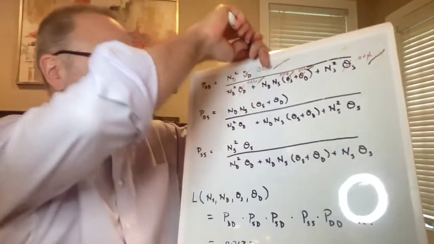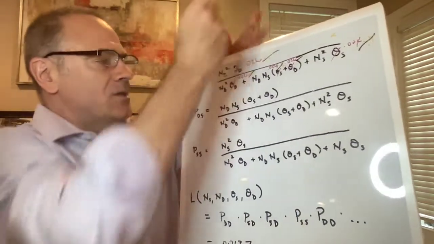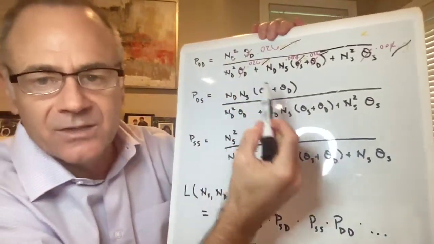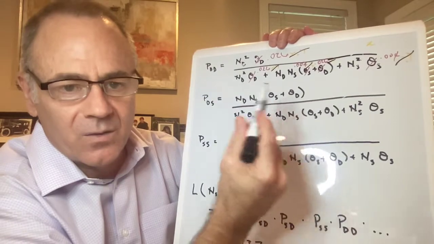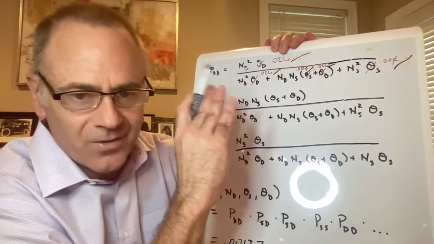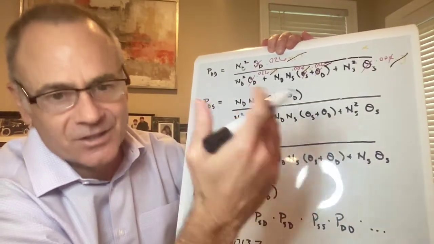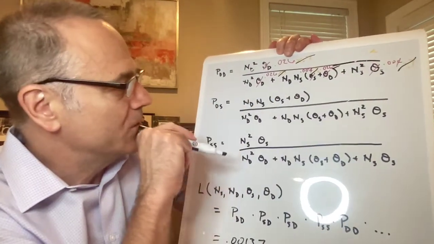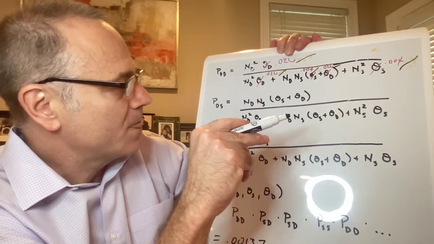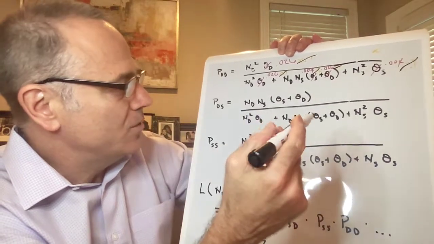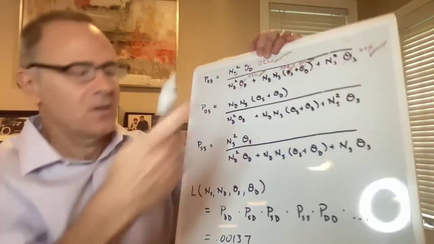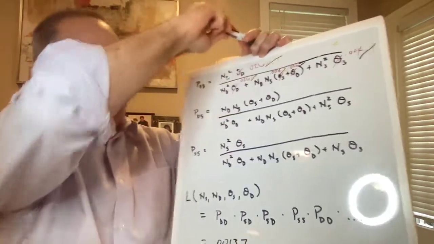Here's what they do next. We're going to change this term so that we can rewrite it so there are no theta S's and theta D's. Instead, there are just thetas. Now how do we do that? I want to use red.